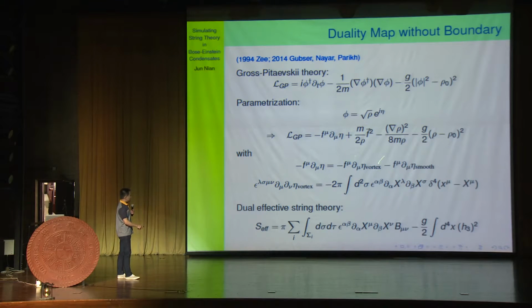The singular part gives us non-trivial topology, which gives us actually the position of the string, or the vortex line, in the effective theory. So you can see after some steps, we arrived at this effective theory, which is basically string theory but without a string tension term, or can be viewed as string theory in the large B field limit, plus an additional field strength term.